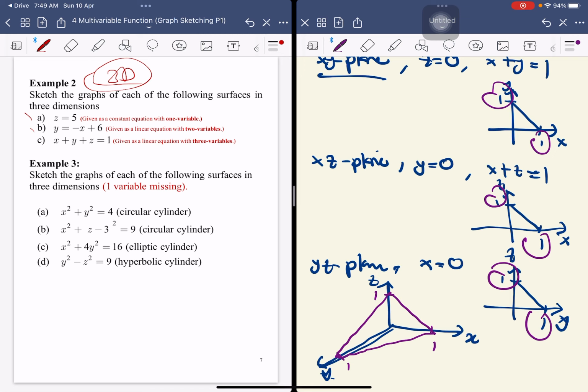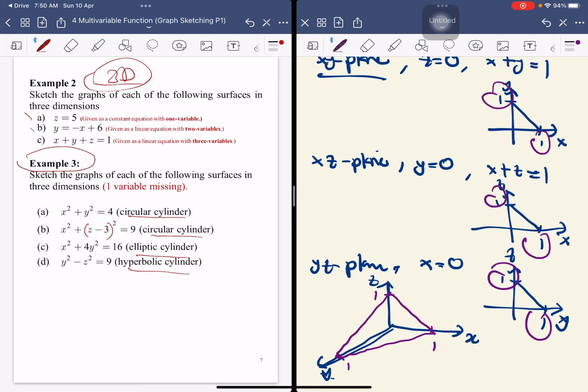I would like you to go through example 3 over here, which has a bracket. Will you get this kind of surface if you sketch it?